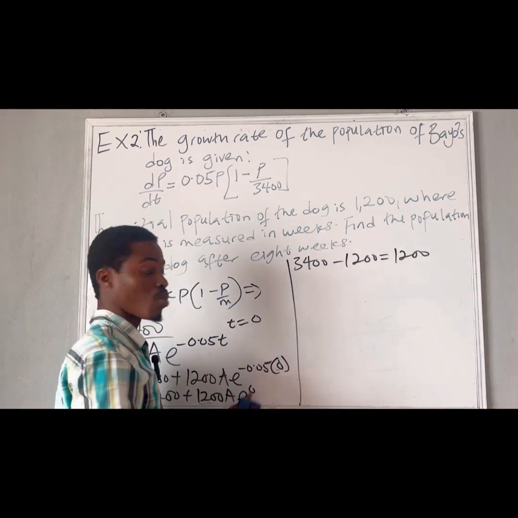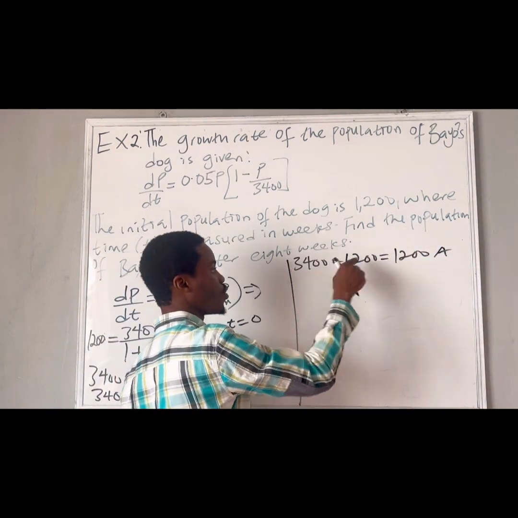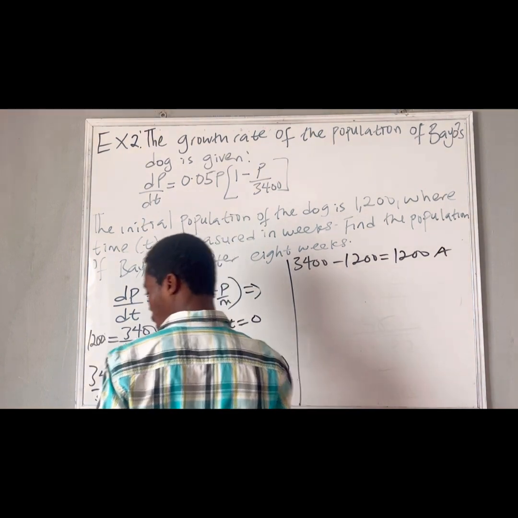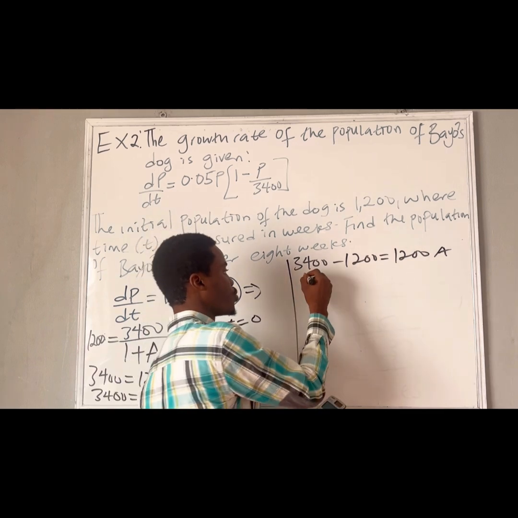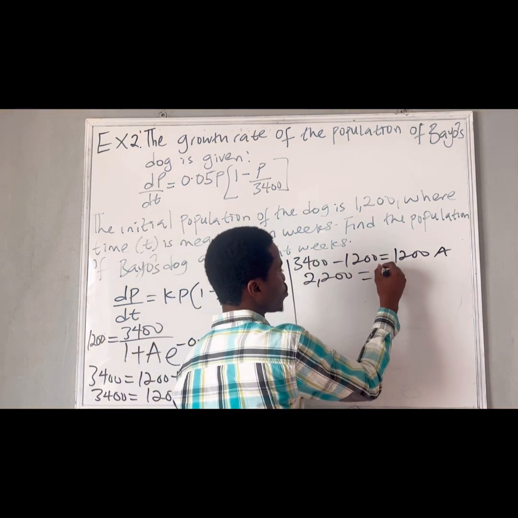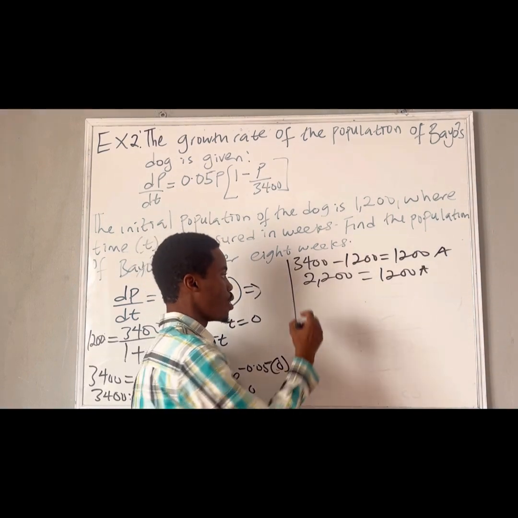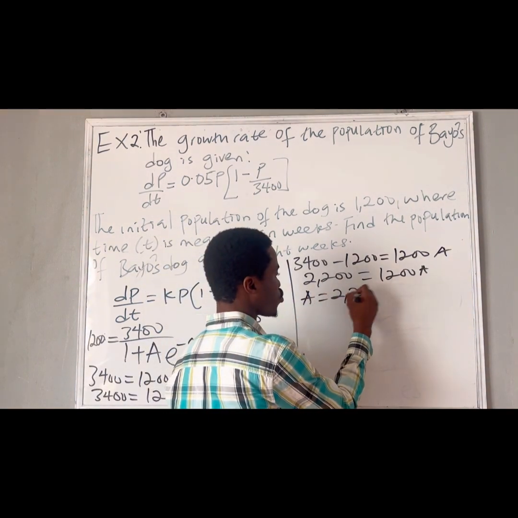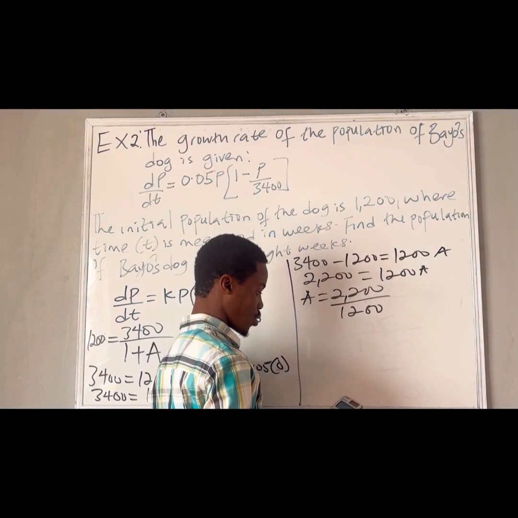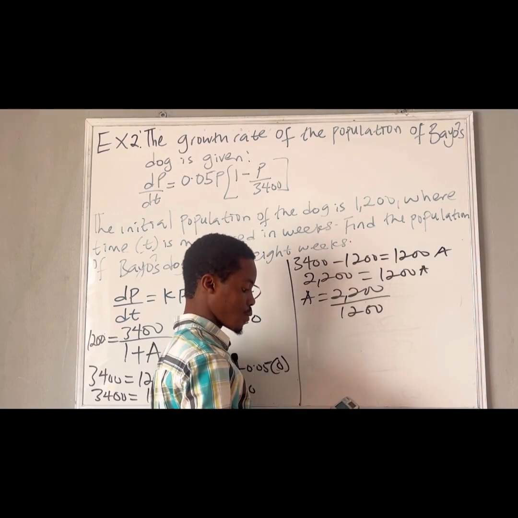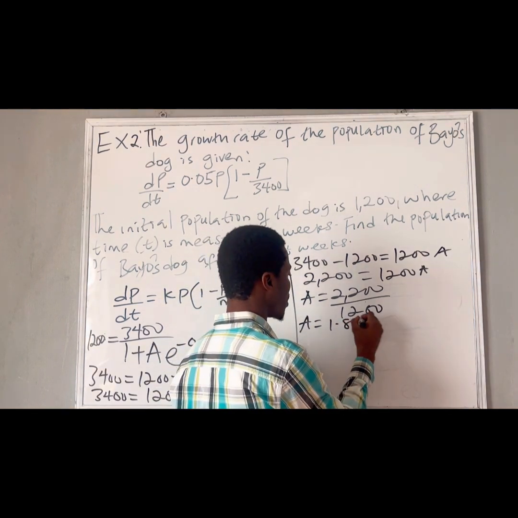Anything raised to power 0 is 1, multiplied by A, we have 1,200 A. 3,400 minus 1,200, what are we going to get? 2,200. 2,200 is equal to 1,200 A. If you divide both sides by 1,200, we get A as 2,200 over 1,200, which is 1.8333. So our A is 1.83.